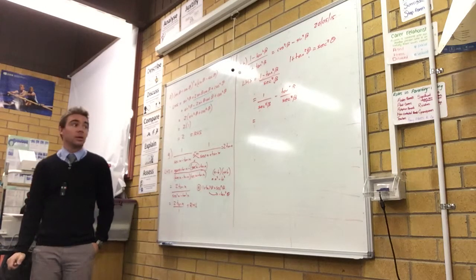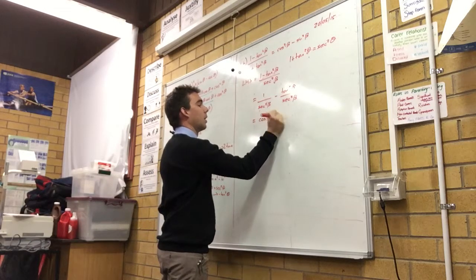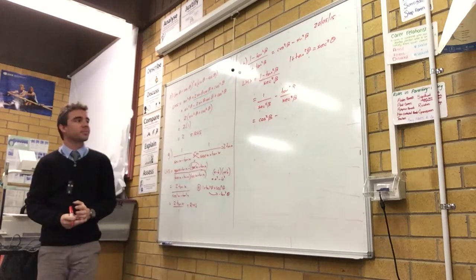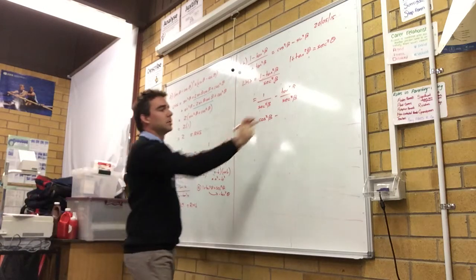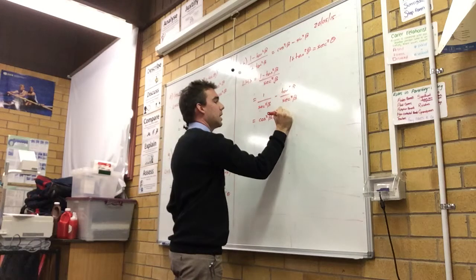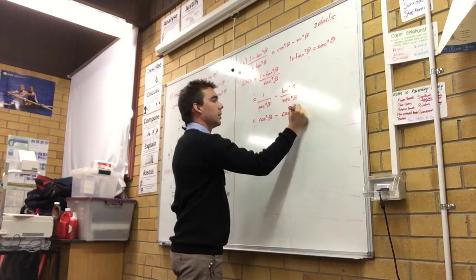Cos squared. So again, we have sec squared of beta, which is cos squared of beta.